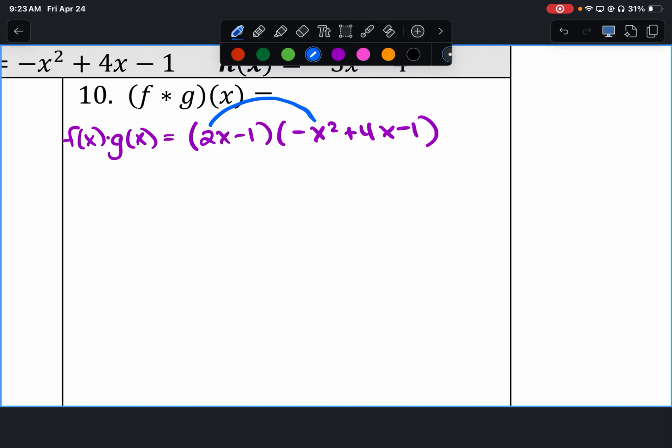2x times negative x squared is negative 2x cubed. What about 2x times 4x? 8x squared. 2x times negative 1.